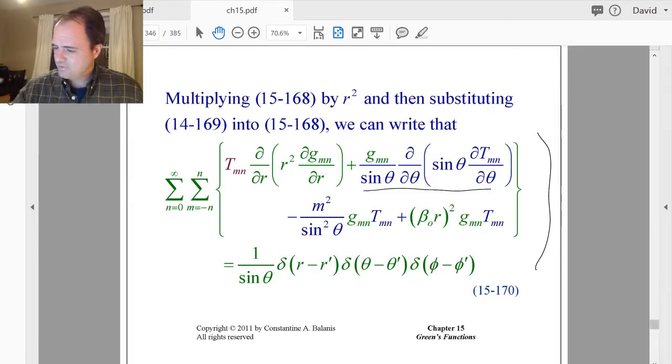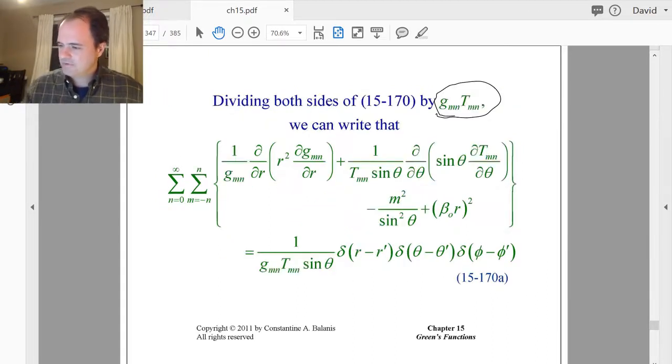And what you want to do in the next couple of slides is work with this term and this term within the summation. So we're not going to do what they say here, divide both sides of the equation by GMN and get this, because that is mathematically incorrect. The GMN stays within here.